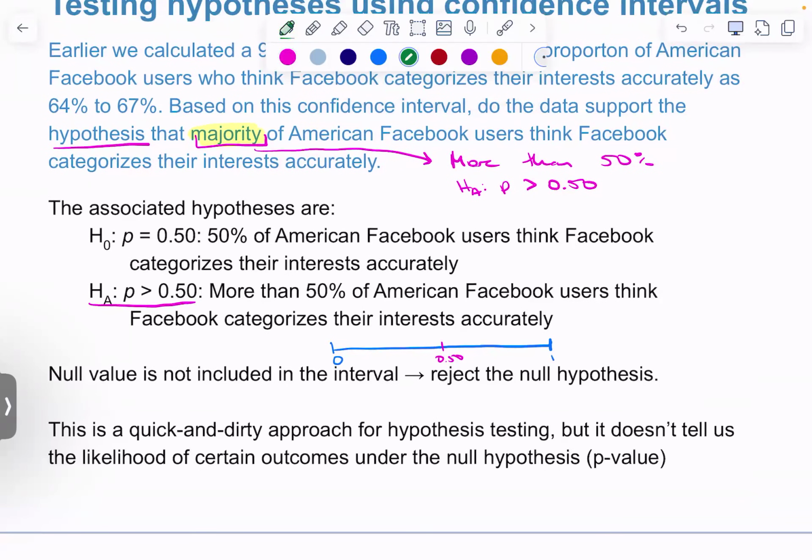We also have our confidence interval between 0.64 and 0.67. On this number line, it helps to draw out your confidence interval. The lowest value is here at 0.64 and somewhere here, 0.67. It doesn't need to be to scale. You're just visualizing what's happening.